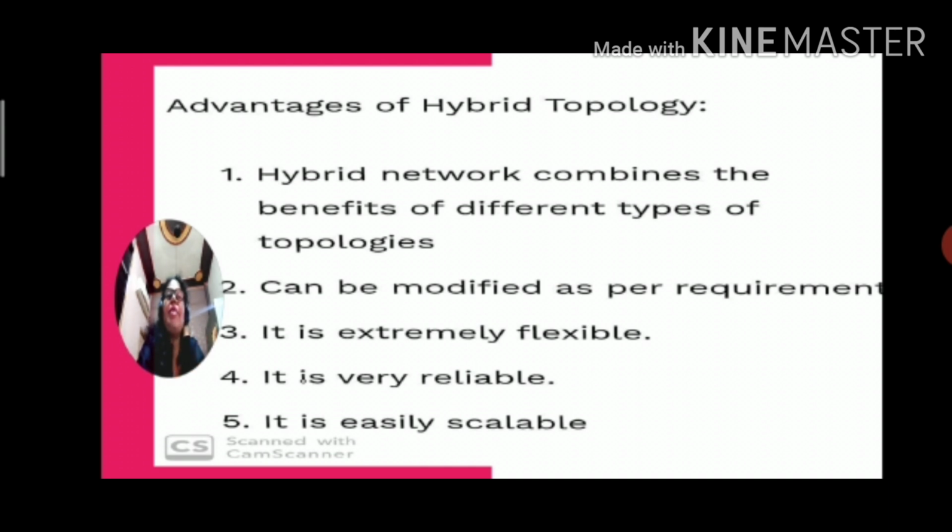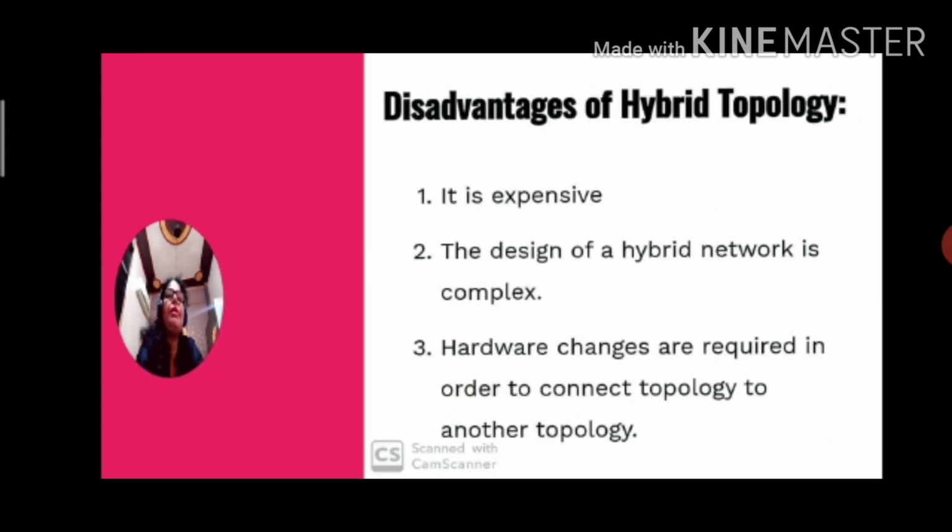It is extremely flexible. Flexible means we can easily expand it. It is very reliable. Reliable means when in a hybrid topology one node fails, the other network continues working. It is easily scalable. Scalable means expandable.